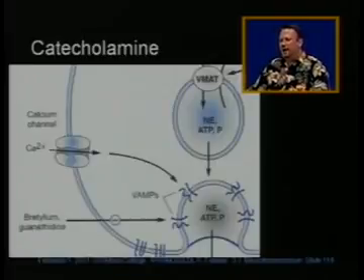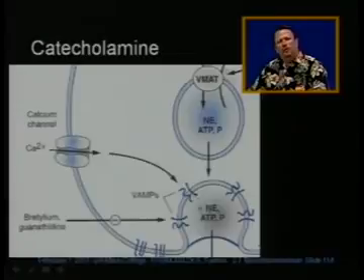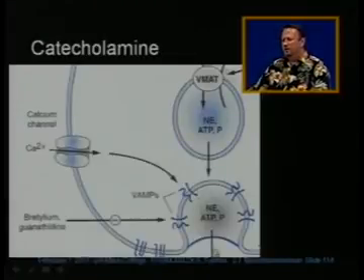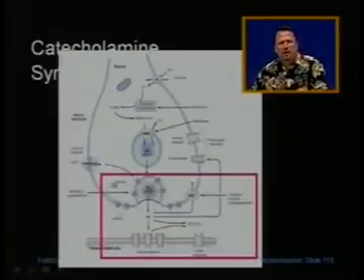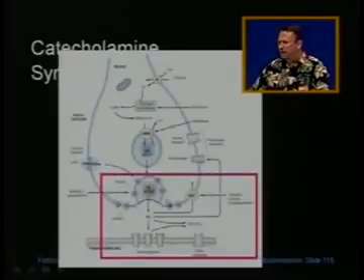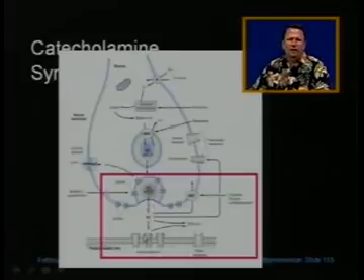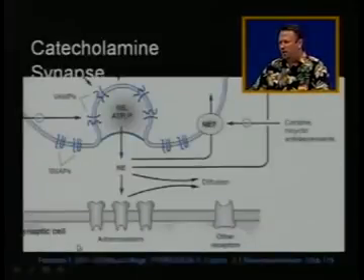Notice again, calcium channels are required to allow the vesicles to release neurotransmitter into the cell. So we'll take a look at this part of the picture. Here we have norepinephrine being released into the synapse.